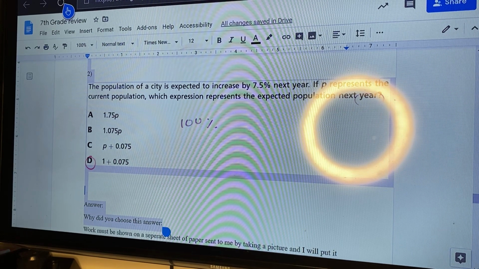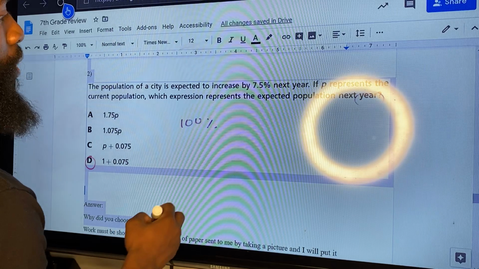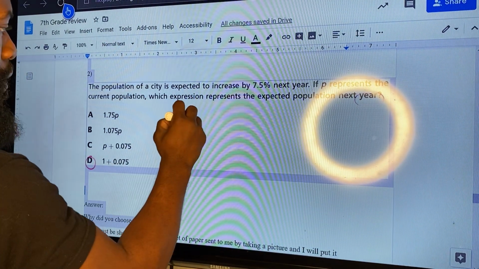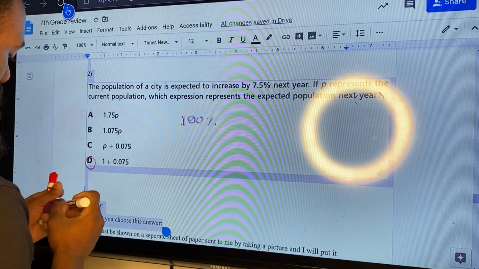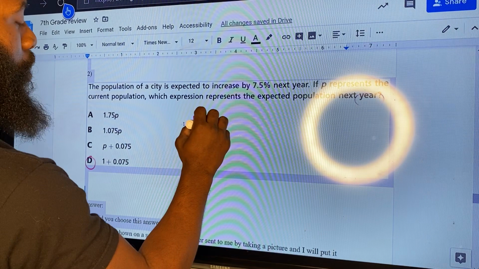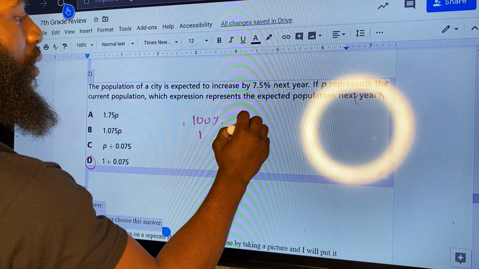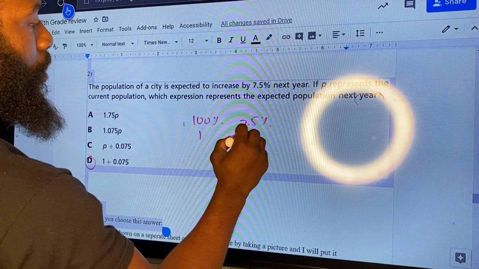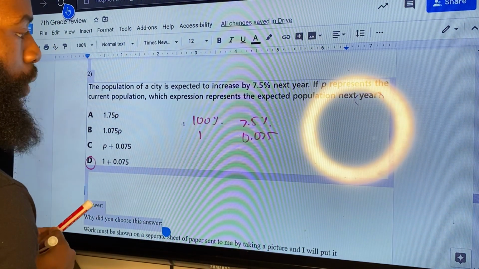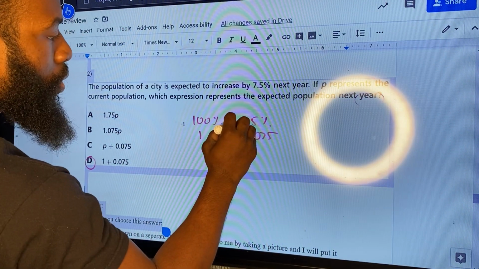So, 100%, which is 1, and 7.5%, which is 0.075 if you move it two spaces to the left to convert it to a decimal.